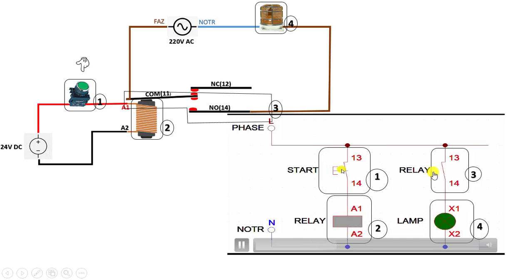Since it will become like this, our lamp, which is our load, will also light up like this, my friends. Yes, we have shown the electrical circuit drawing in this way in this lesson. We are done. See you in the next lesson.